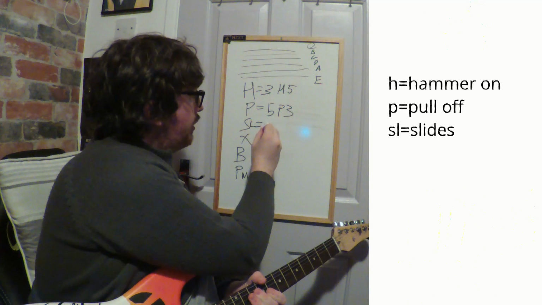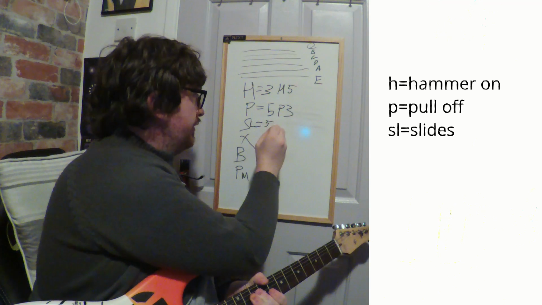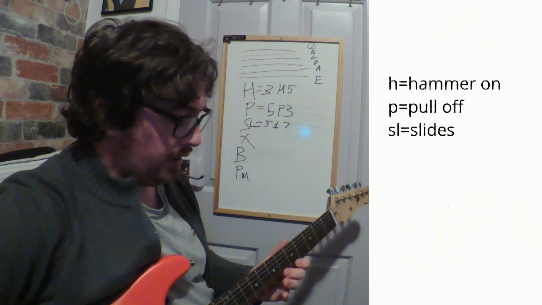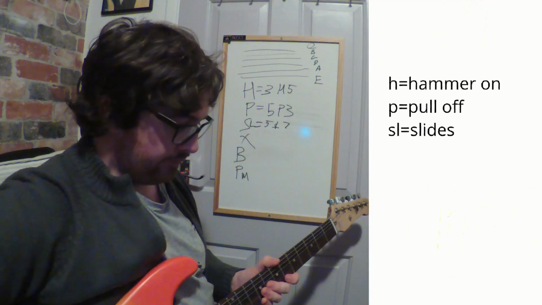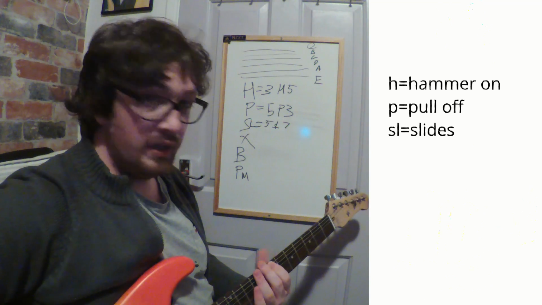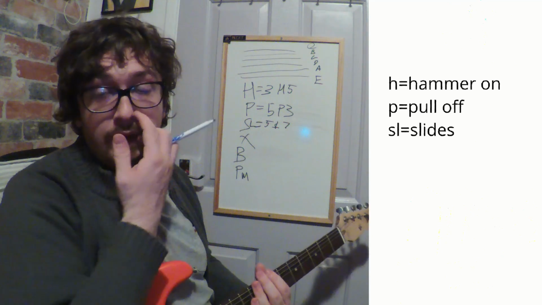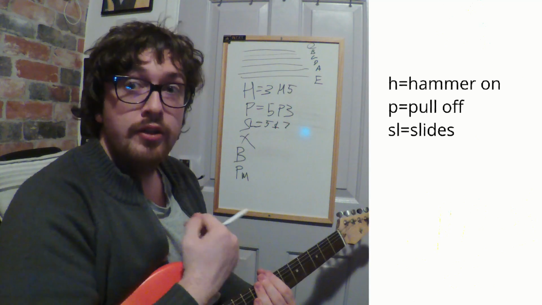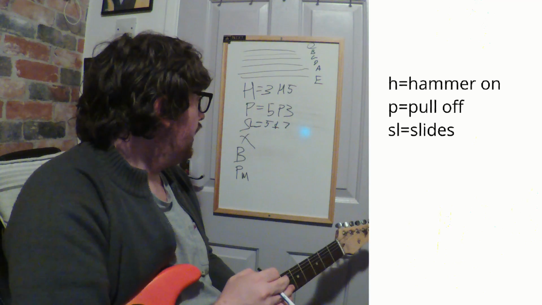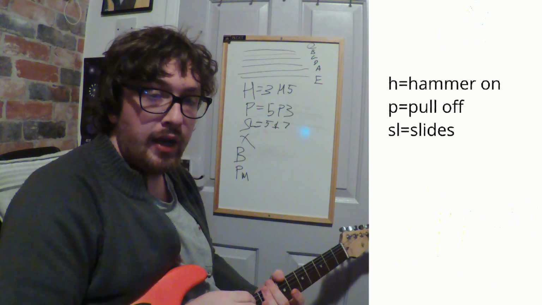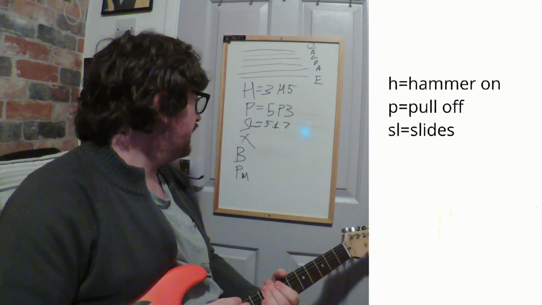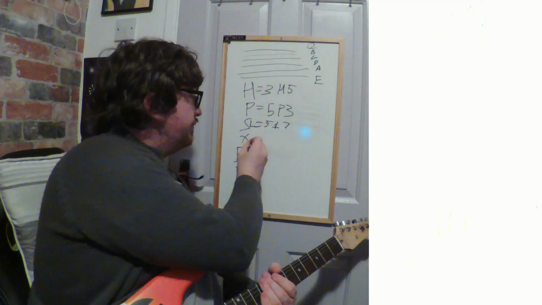For instance, you go from 5, SL, 7, say. Generally tab doesn't tell you how fast to play this. Usually you would have to judge by the length of the song and how it's played in the song. Sheet music will tell you how long to play for, the duration of that slide, I should say. X, as I said, is a blank.